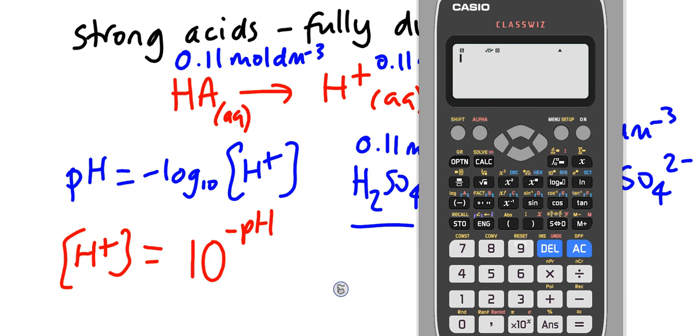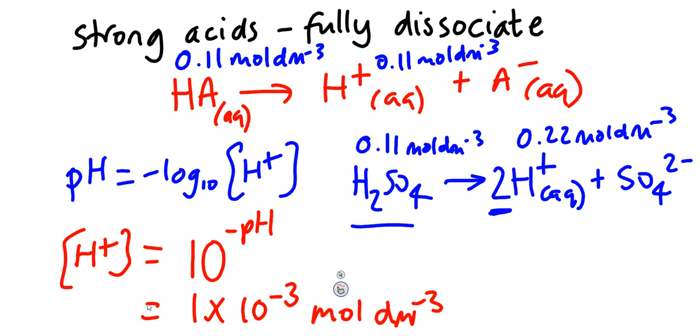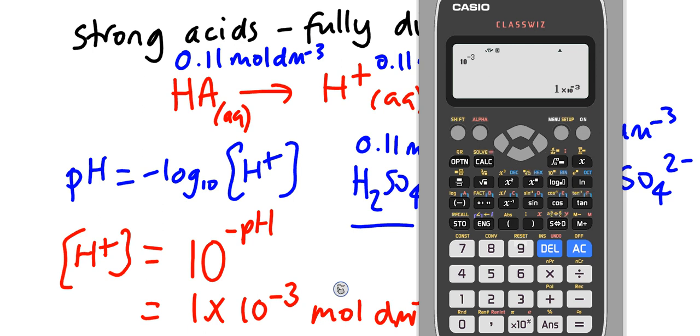So we're going to have shift to get to that function. That function is nearly always above the log button. And I'm just going to put in minus 3, minus pH. Get that, simplify it. And if the pH is 3, the concentration would be, there we go, just as the calculator showed us.